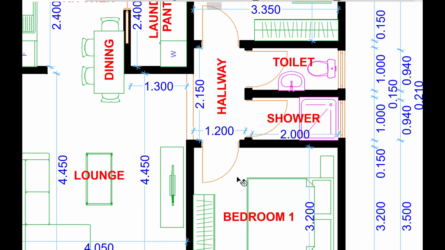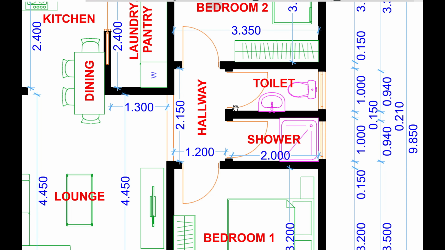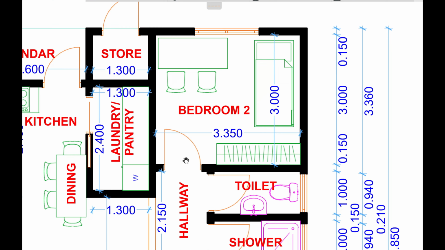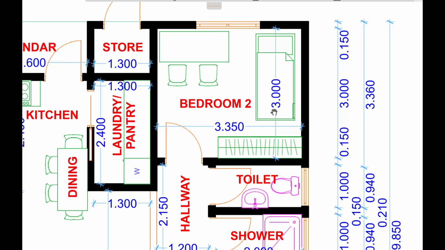And from there, here is where I located the toilet and the shower for quick access to both bedrooms or the guests. And from the hallway, it is where you can access bedroom 2, as you can see.